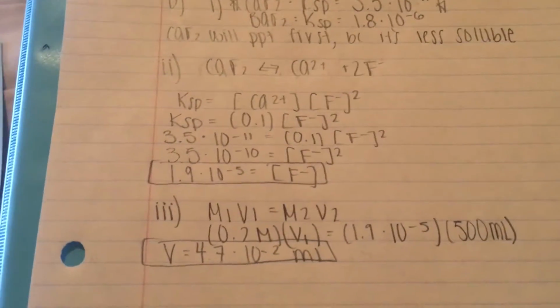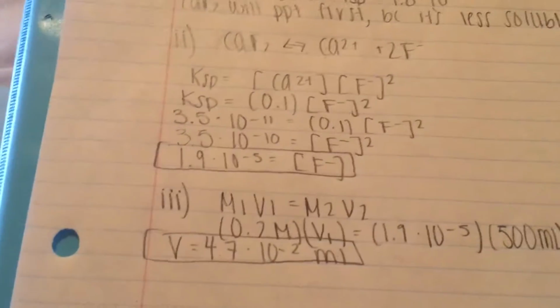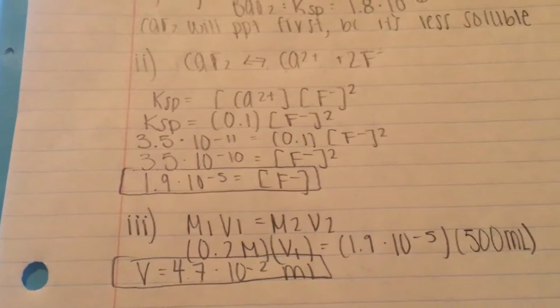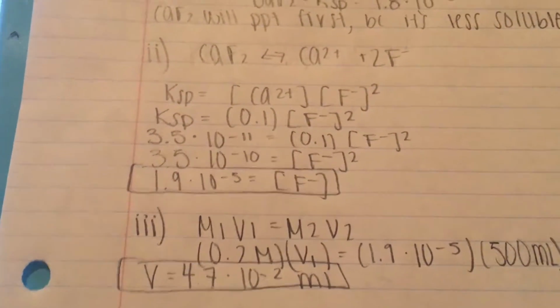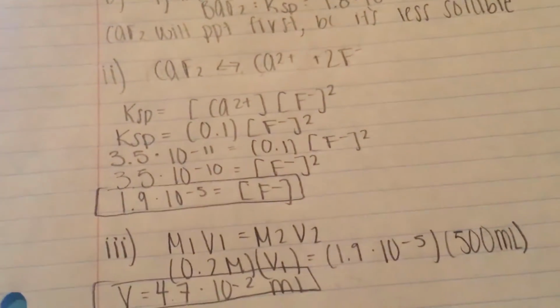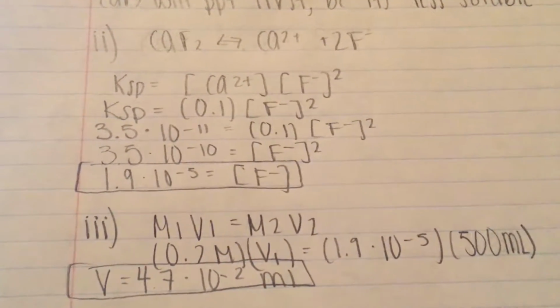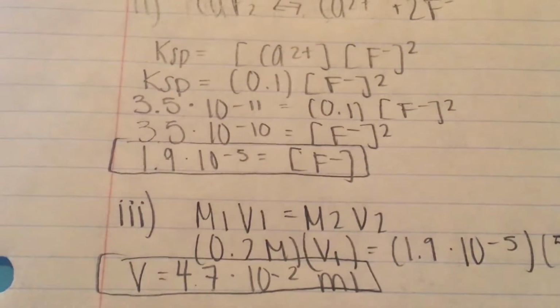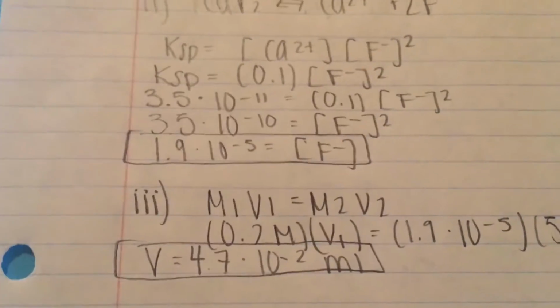We are given that the concentration of calcium is 0.1 molar. So Ksp equals 0.1 times the concentration of F- squared. We know the Ksp value is 3.5 times 10 to the negative 11th. So 3.5 times 10 to the negative 11th equals 0.1 times the concentration of F- squared. So the concentration of F- is 1.9 times 10 to the negative 5th molarity.